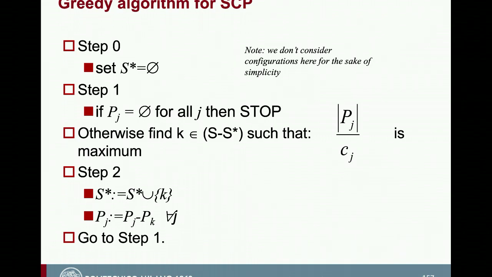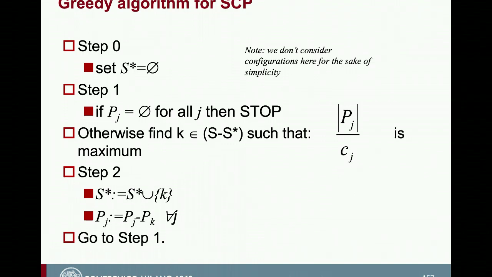And then for each of the candidate sites where we didn't install a base station yet, we select the one which has the maximum ratio between the cardinality of the coverage set Pj and the cost Cj. Of course, we are ranking the candidate sites considering those that have this ratio as large as possible, and we are adding them one by one to the solution that we are building up with the greedy algorithm.